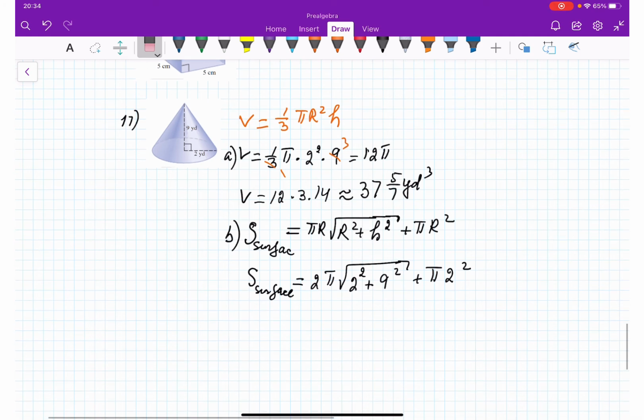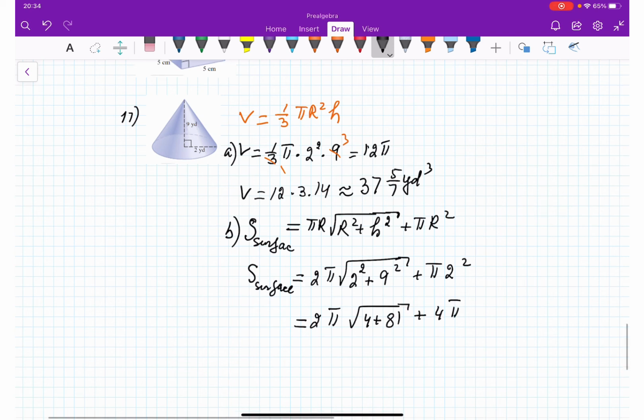Okay, so this is going to be equal 2 pi. So here we get 4 plus 81 and plus 4 pi.